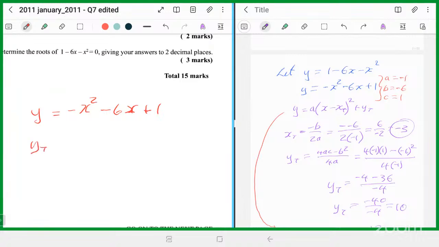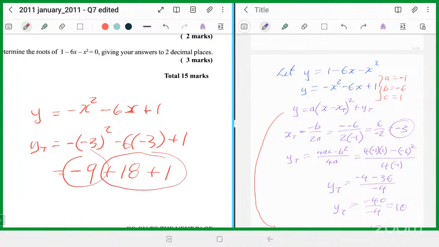So the yt would be minus -3 squared minus 6 times -3 plus 1. Now this becomes a 9. This negative doesn't square, so it stays negative. So it's minus 9. This minus is a plus 18, plus 1. That becomes 19 minus 9 is 10. So you see, you can get the yt value from the xt value in the original function as well.